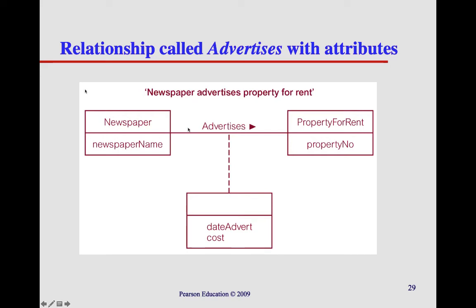We could have made the arrow point that way. But in general, one way you can use an action verb, and in the other direction you would use what are called to-be verbs, indirect verbs. So when you have a many-to-many relationship, you have the arrow point in the direction of the action verb.